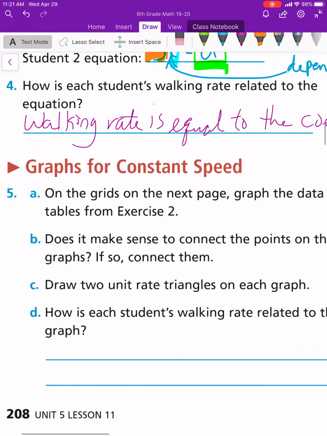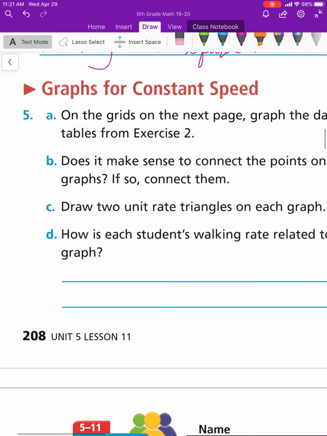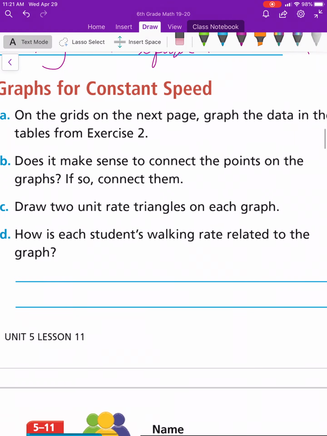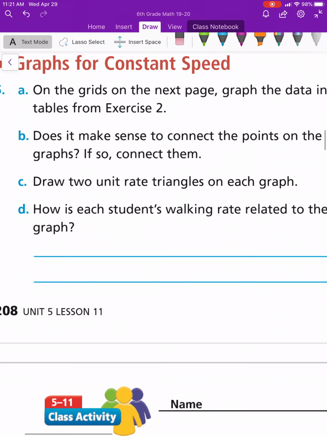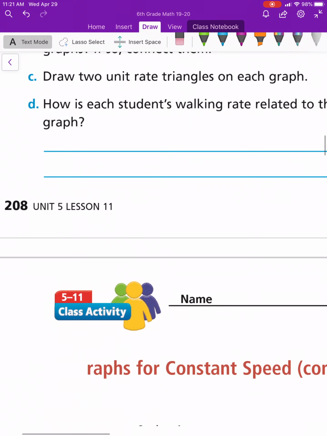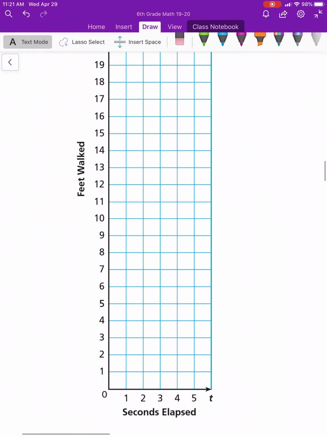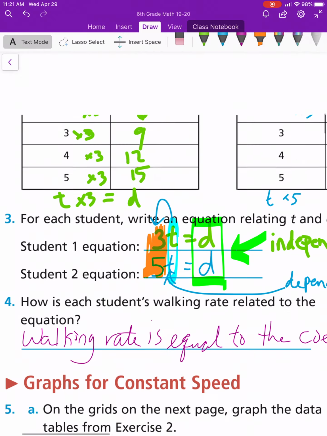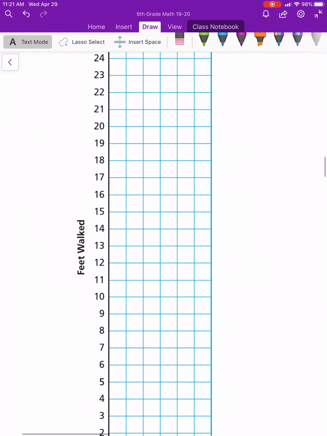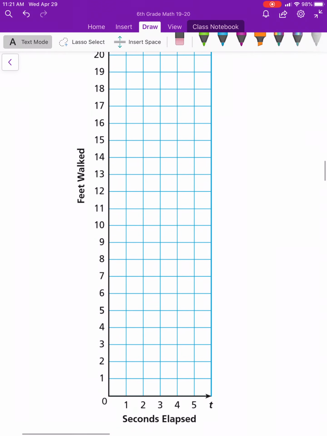Okay, so let's move on to the next section, graphs for constant speed. On the grids on the next page, graph the data in the tables from exercise 2. So let's go do that real quick and we'll come back up to this section. So remember, let's do student 1 in green.